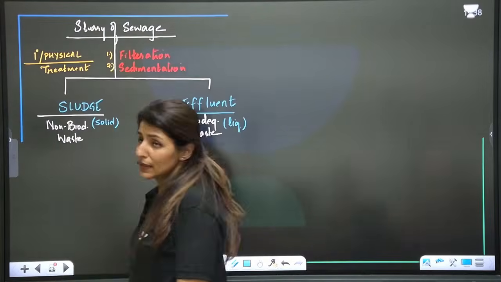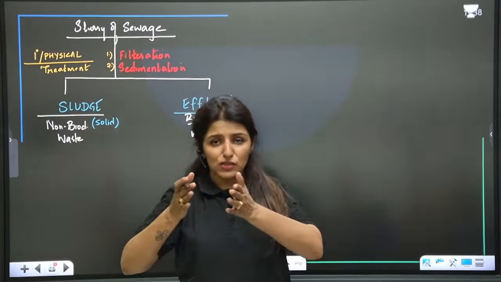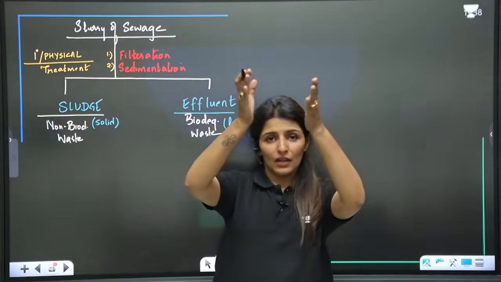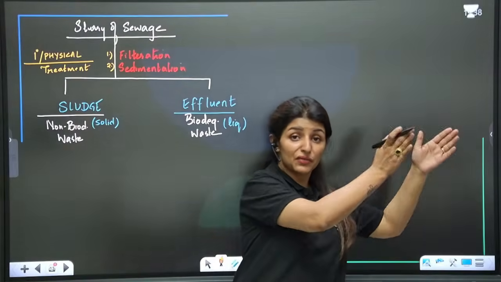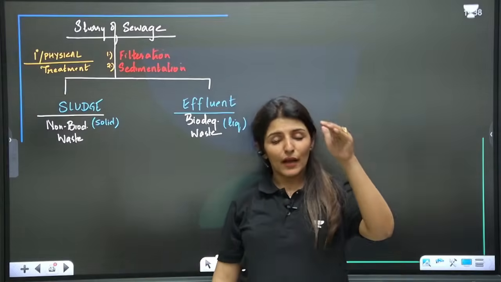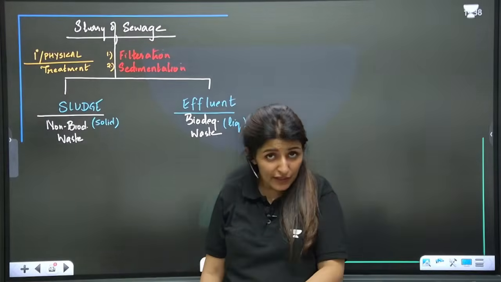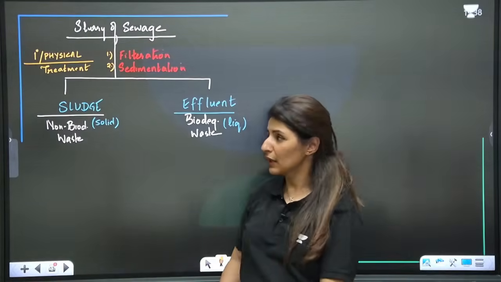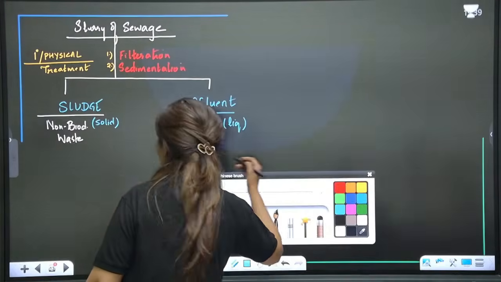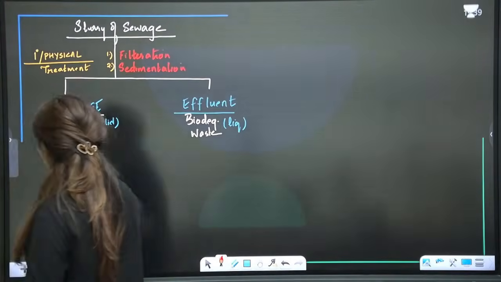Is that clear? So, what are the two processes involved in primary treatment? Filtration and sedimentation. So, just imagine from one side, there's a lot of sewage coming, and in the passage we have different sized filters. So things according to the size are getting separated, right? And what could not be filtered down, that has been allowed to sediment. Is that clear? Now we know the fate of sludge.